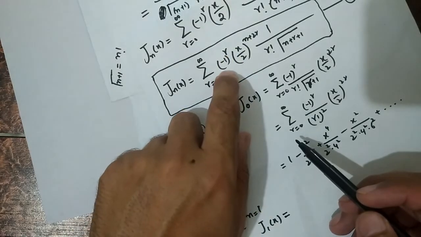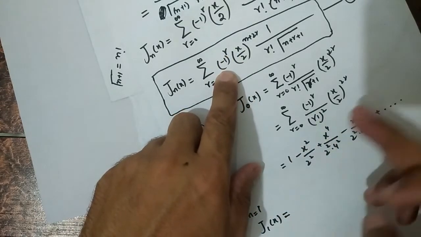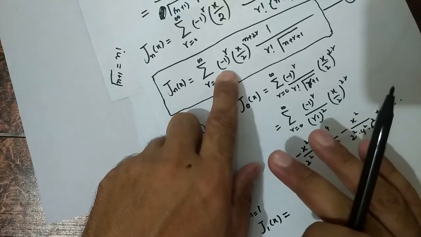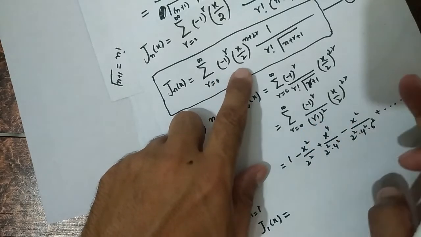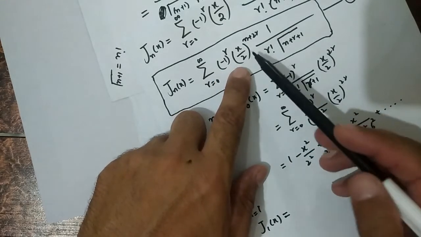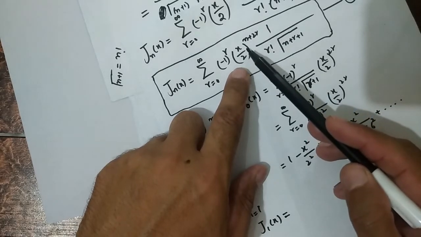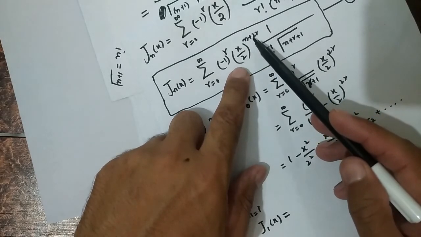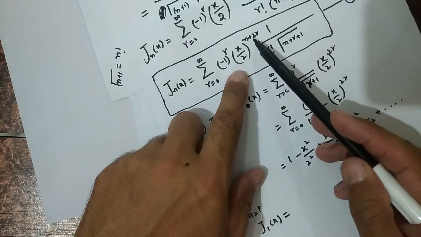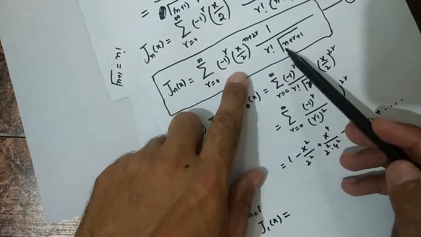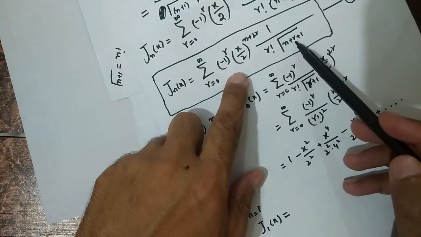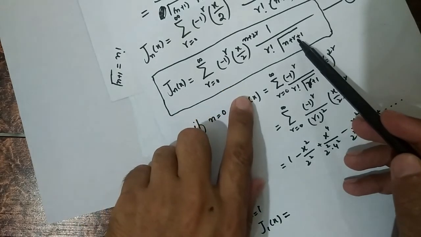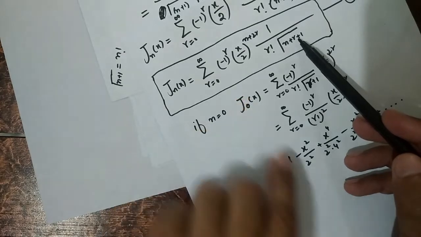This term only gives us the alternate signs. The first one is positive, the next is negative, and then positive, negative, and it will become x by 2 whole to the power 1 plus 2r. Clear? And it will give us r plus 2.